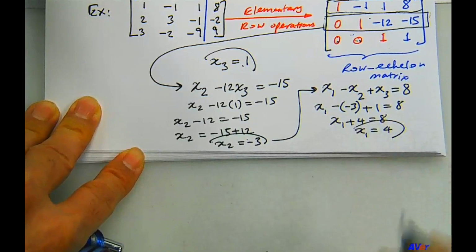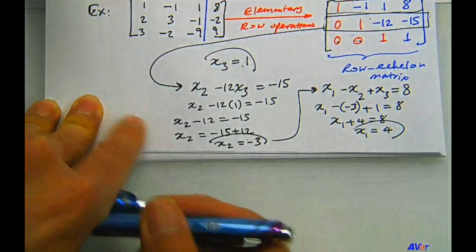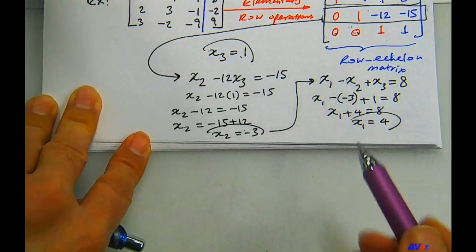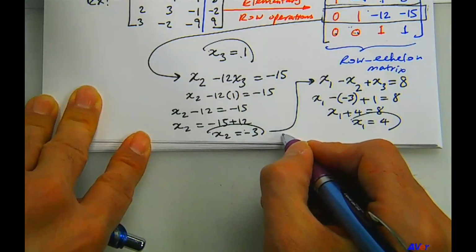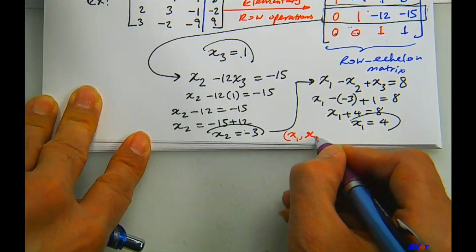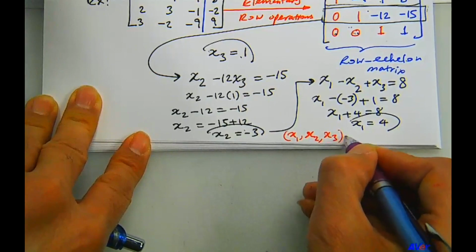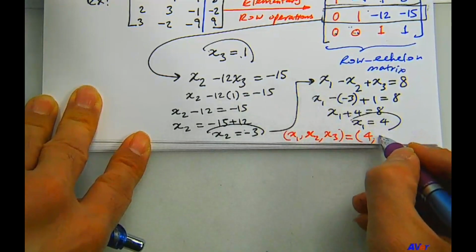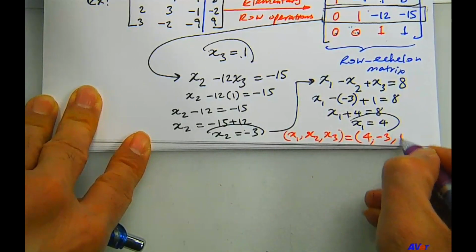So there's x1. Okay, so now, using the row echelon form of a matrix, we have been able to solve the system, which is, if we have x1, x2, x3, that is equal to 4, negative 3, 1.